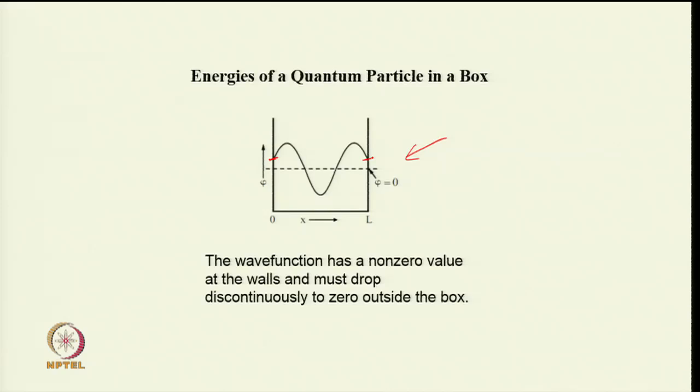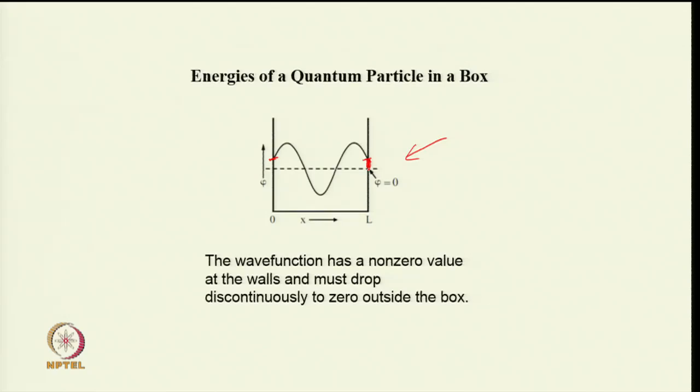And this wave function is not allowed, because if this function is allowed, then it should go to 0 quite rapidly, or you can say that it will drop discontinuously to 0 outside the box.